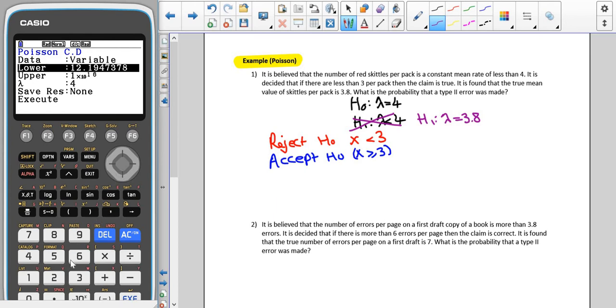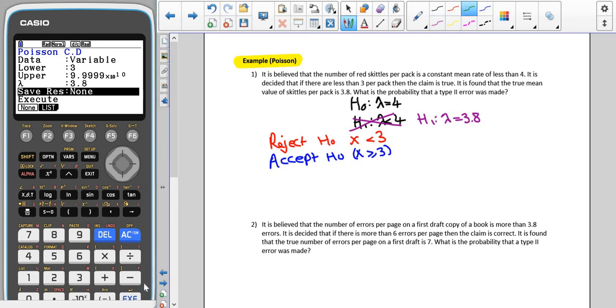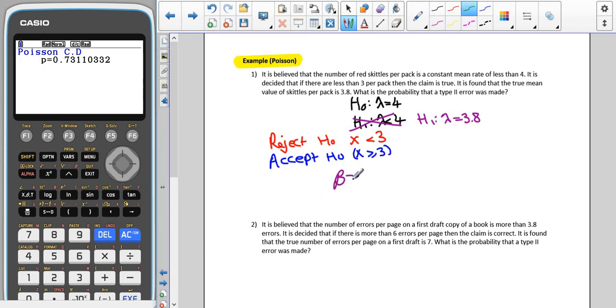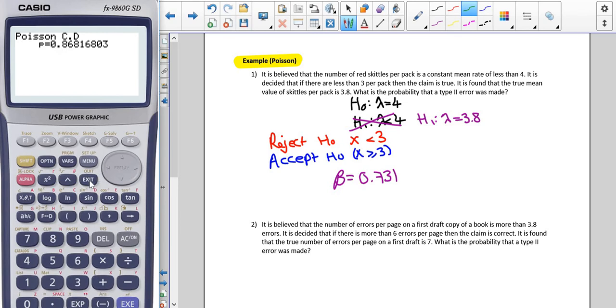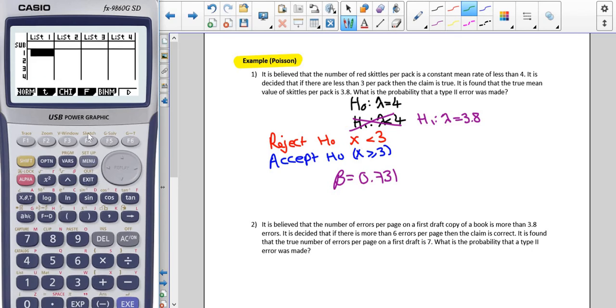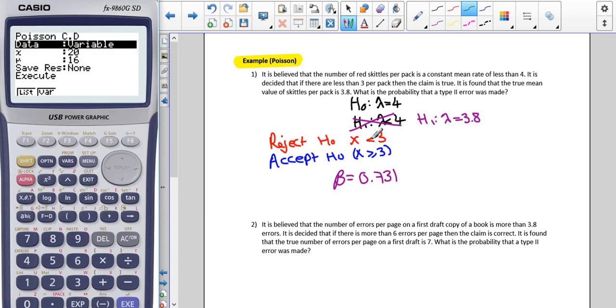If you've got one of the new calculators, then your lower is 3, your upper is a really big positive number, and your lambda is 3.8. And that gives us our probability of making a type 2 error, our beta, which is 0.731.